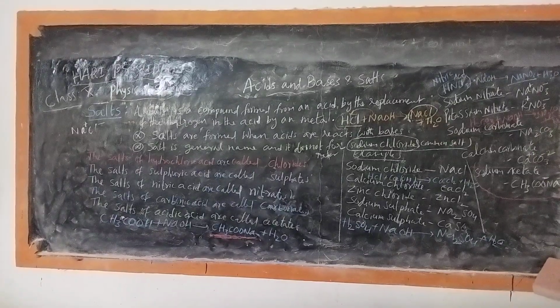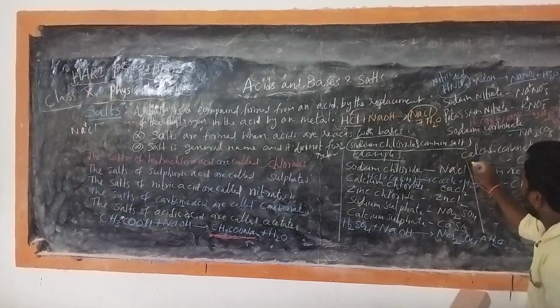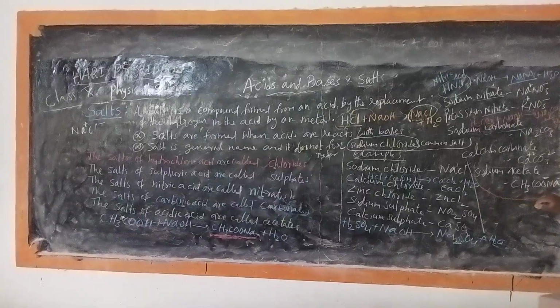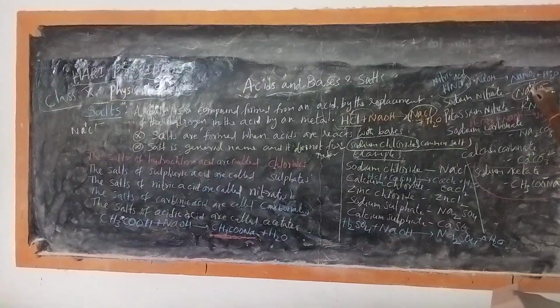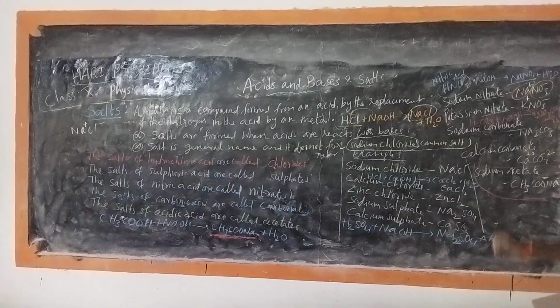Observe that every chemical salt has two ions: a positively charged ion and a negatively charged ion.